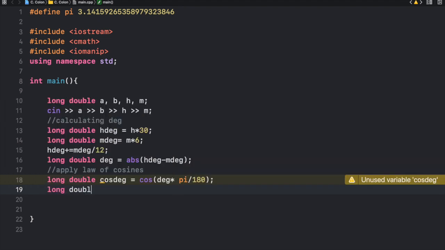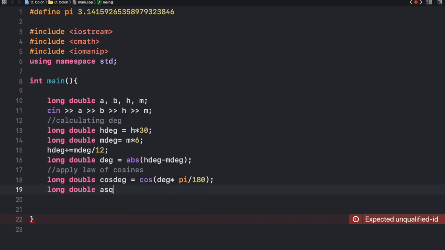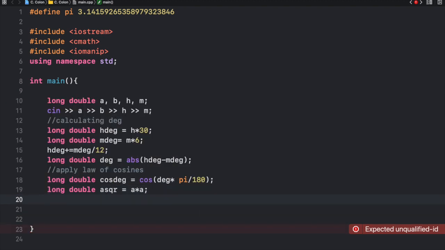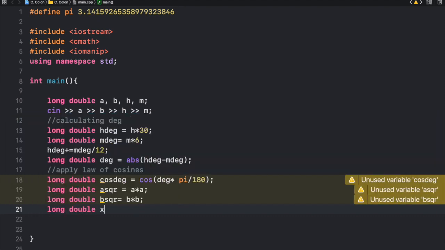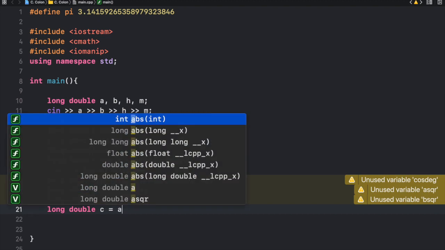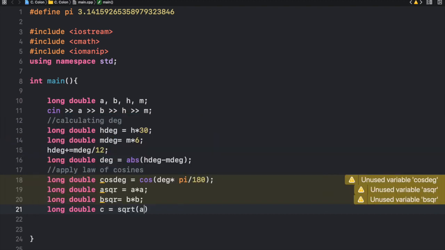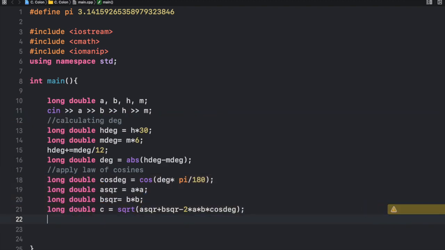We can create 2 long doubles, a squared equal to a times a, and another one b squared equal to b times b. Now we just have to plug everything into our equation. Long double c is equal to the square root of a squared plus b squared minus 2 times a times b times cos deg. And this is our answer.